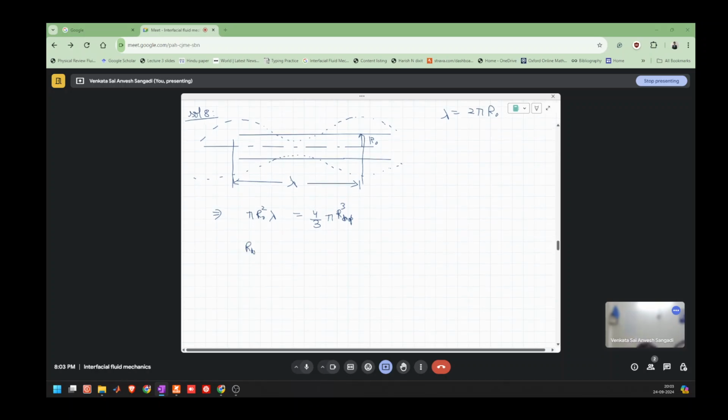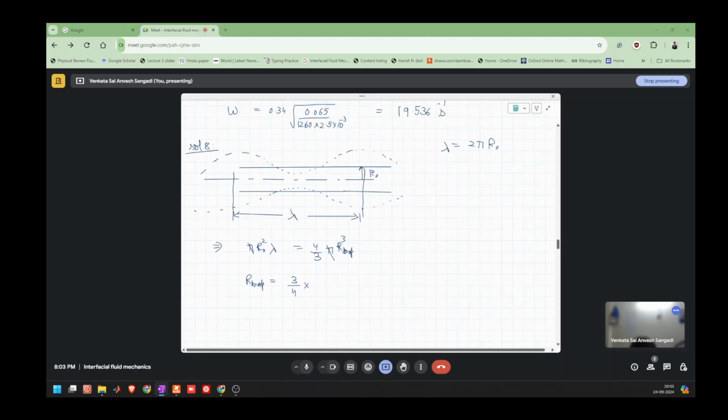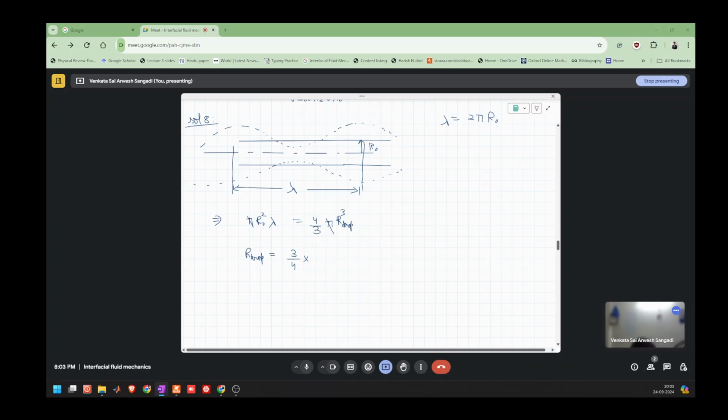Therefore, r drop is equal to, pi cancels pi, 3 by 4 into lambda times r naught square, into 2 pi r naught, divided by just 4 by 3, and then we'll take the cube root.